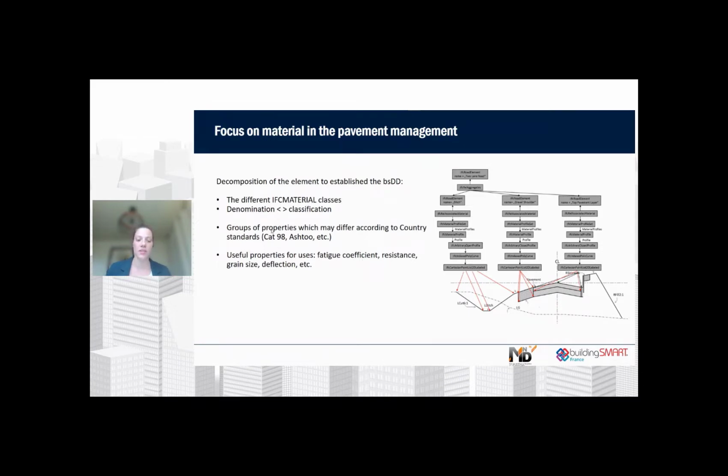When I speak about specificity, I'm talking about the standard, the way to design a pavement. For example, in France, we use the 98 catalog. In the US, you will use AASHTO, etc. So it's not incompatible. It's just that between the theory and all that has been built and the reality of your work, you will see that some adjustment could be done.